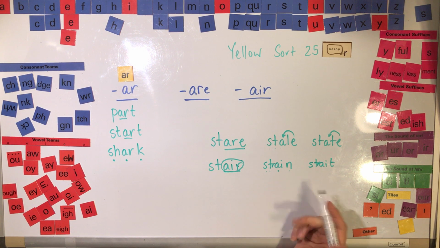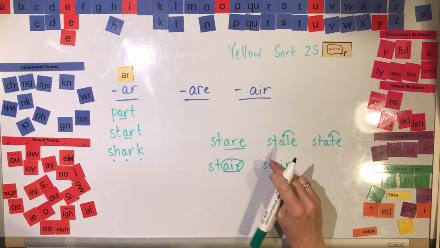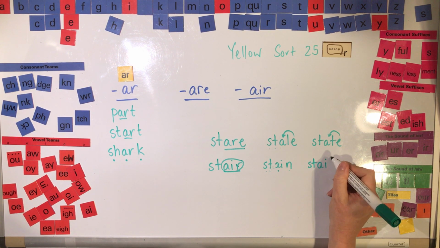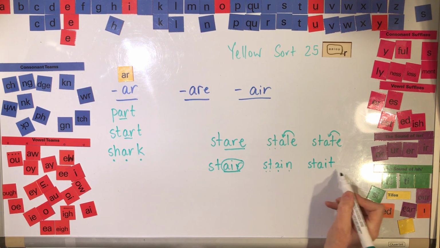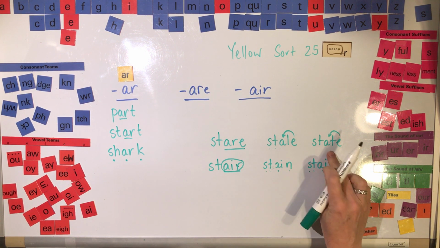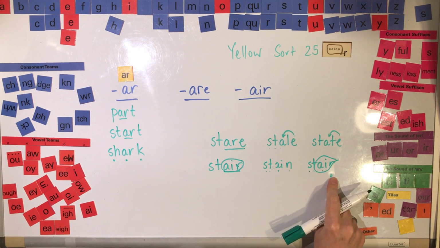But the point remains that even if that was a word, let's say state was a word, that's how you would spell it, S-T-A-T. But as soon as this becomes an R, the R lassoes the AI and it says stare.